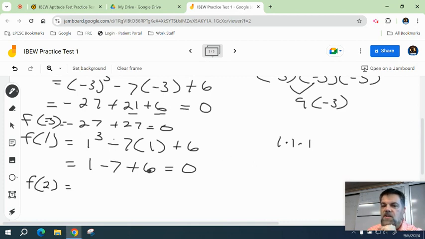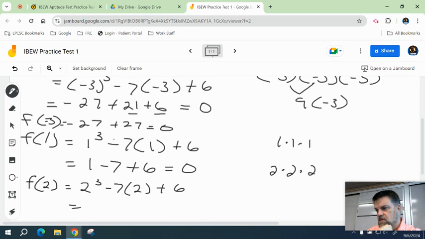Okay, so now we're going to plug in 2. So I've got 2 to the third power minus 7 times 2 plus 6. 2 to the third power is 2 times 2 times 2, which is 8.